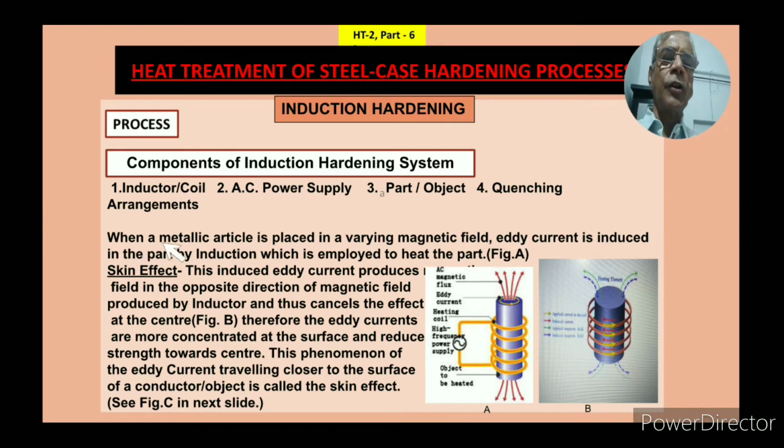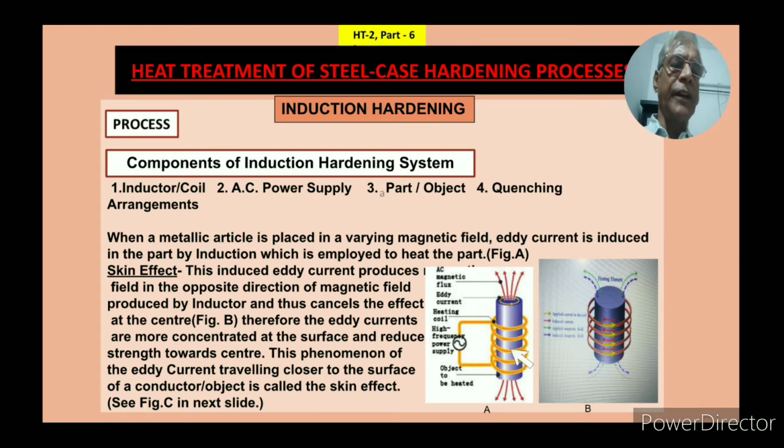Process. When a metallic article is placed in a varying magnetic field, eddy current is produced in the part by induction, which is employed to heat the part. This is figure A. When you place a part inside the center of the coil, this is the part and this is the coil or inductor, and this is the power source through which AC current is supplied. And this current direction is this.